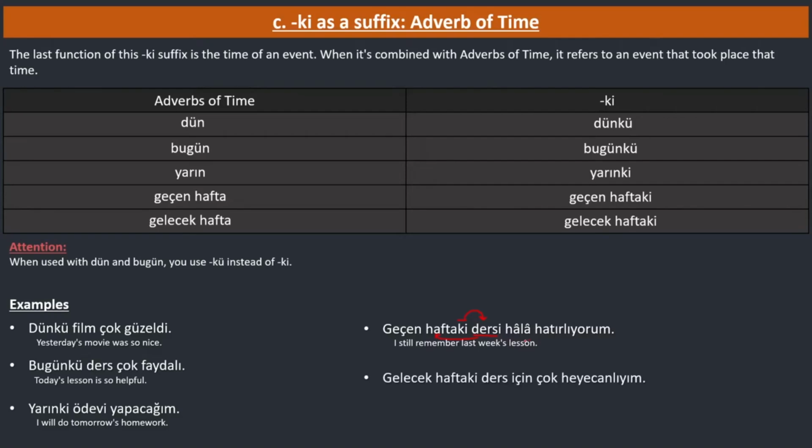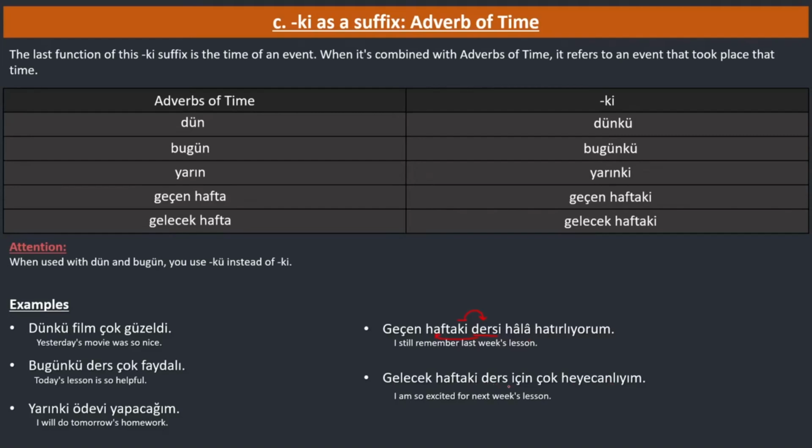Gelecek haftaki ders için çok heyecanlıyım. I'm so excited for next week's lesson. So, this sentence is in two parts. The first part, gelecek hafta. The second part, ders için çok heyecanlıyım.